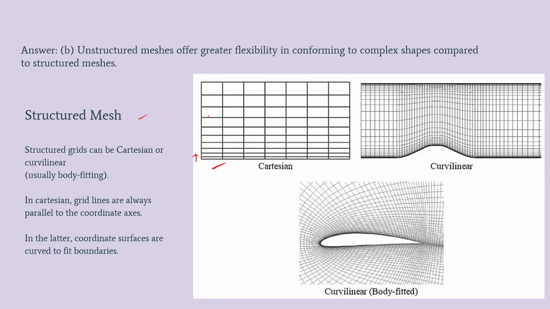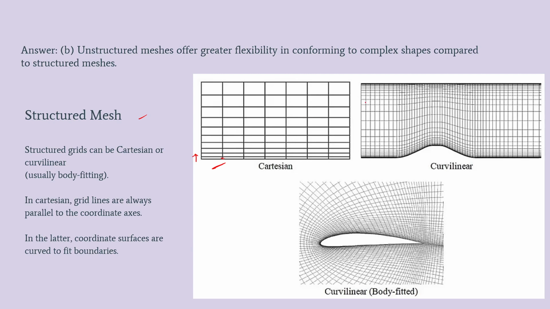It does not vary. Such a kind of mesh is called structured mesh. This Cartesian mesh is a structured mesh where our grid lines will always be parallel to the Cartesian coordinate axes. So that's a Cartesian mesh.